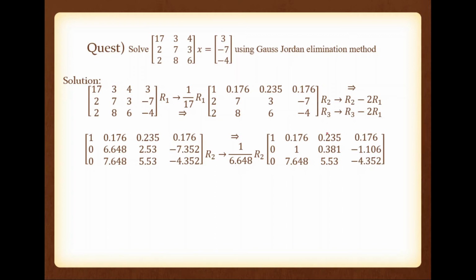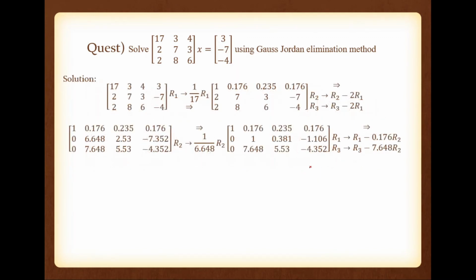Now we start the elimination part, means we are going to remove these two components. How to remove 0.176? This is R1, so R1 is equal to R1 minus 0.176 into R2. Similarly, R3 is equal to R3 minus 7.648 into R2. So this is the required operation.